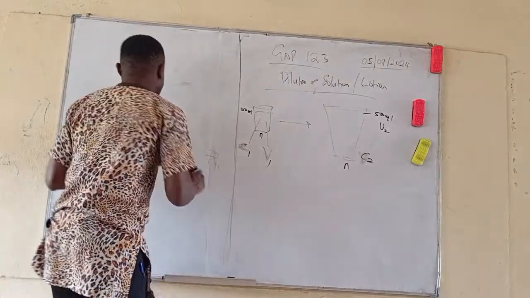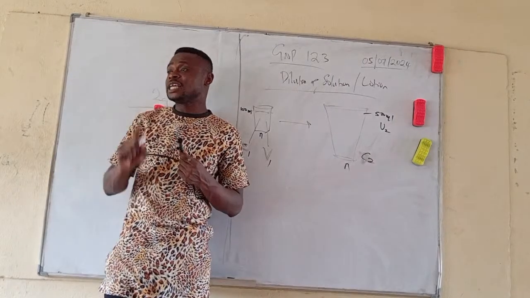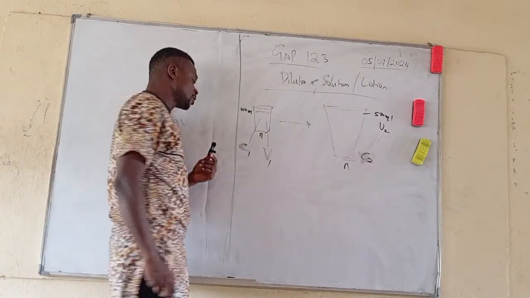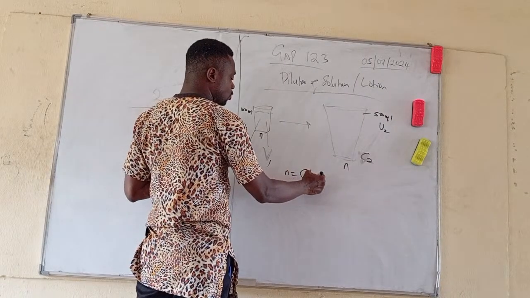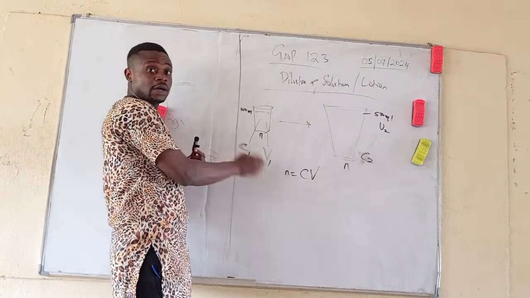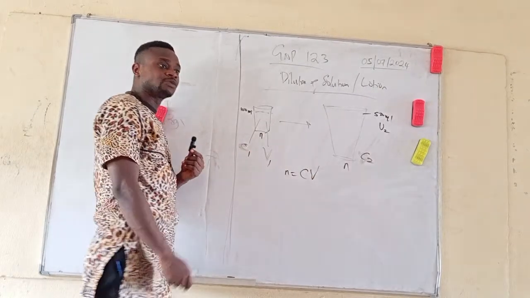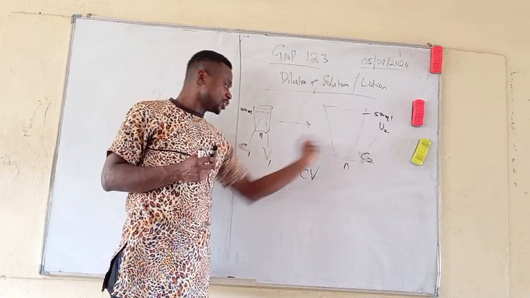So now, if you did your chemistry very well, number of moles is equal to what? Concentration times volume. Have you seen it before? Yes. Number of moles is equal to concentration times volume. Concentration changes from C1 to C2.